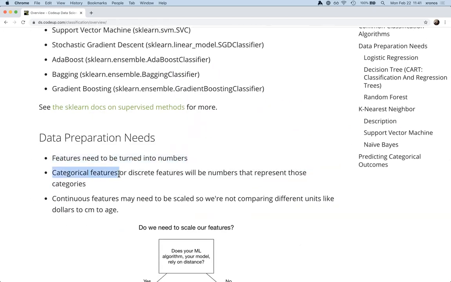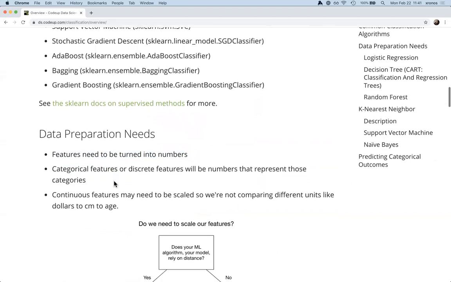Our categorical features, so our features that could be strings, or could be things like zip codes, right? Or our discrete features, those need to be turned into numbers as well to represent those categories. And we will be going through that.